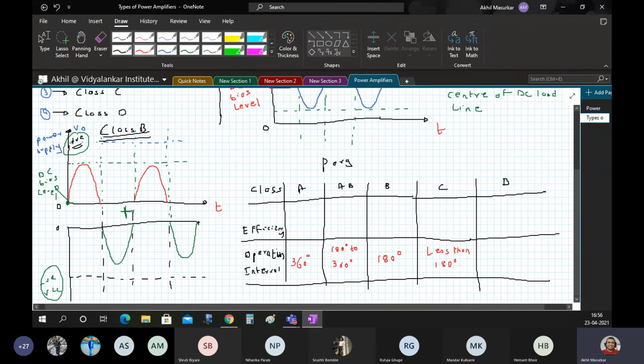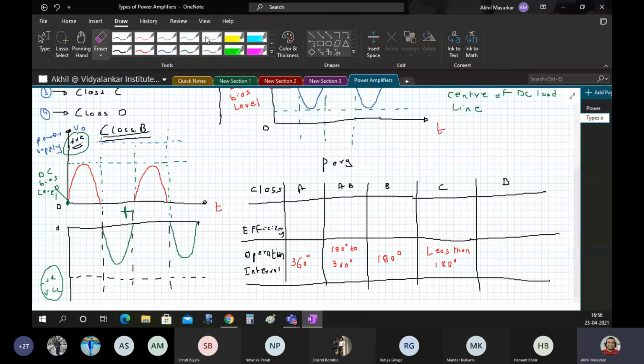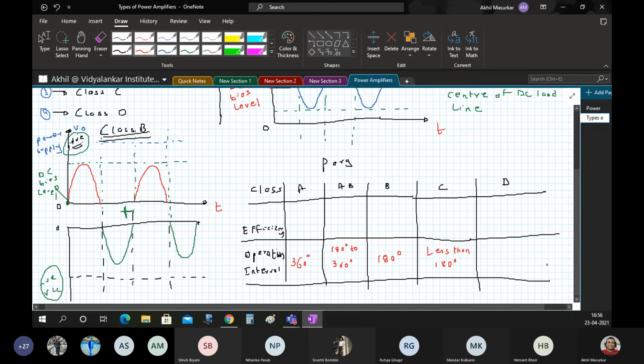So this is 180 and 360, this is less than 180, and here it is between 90 and 180 degrees.